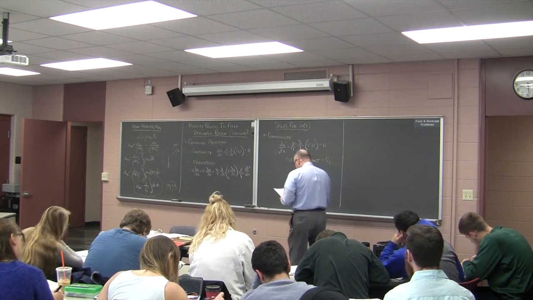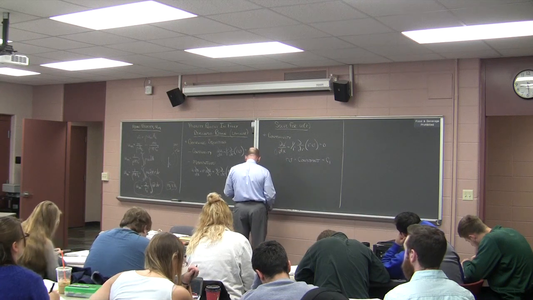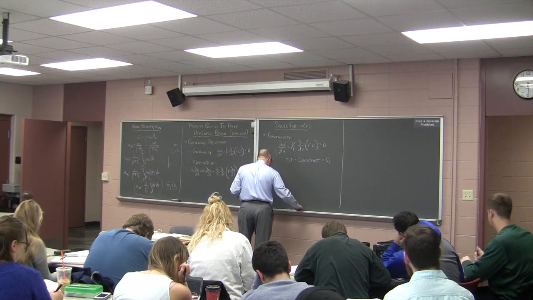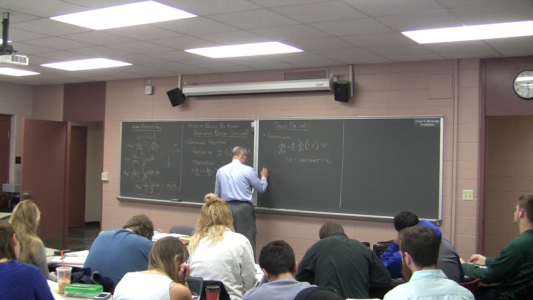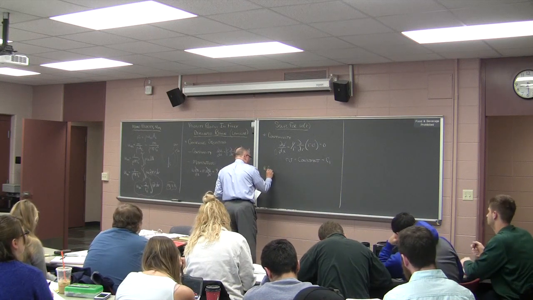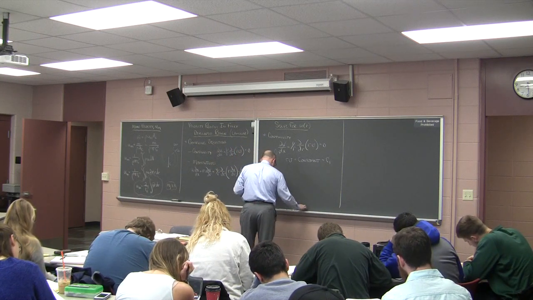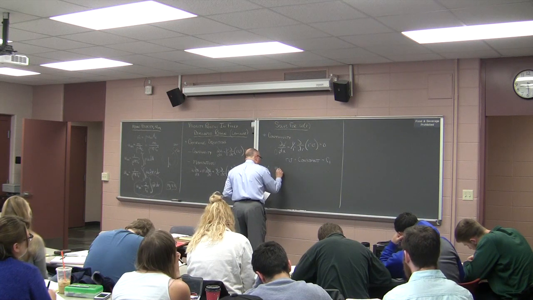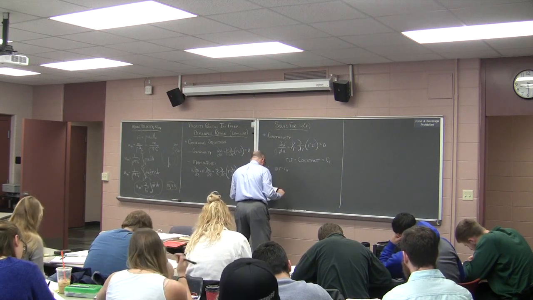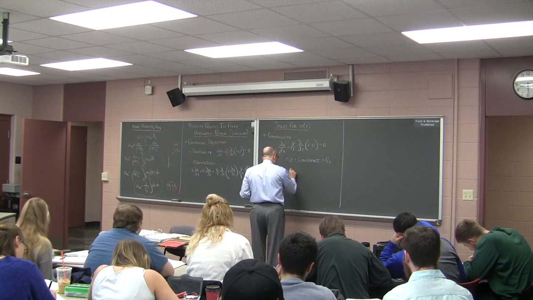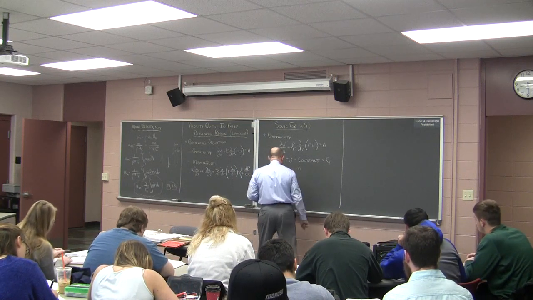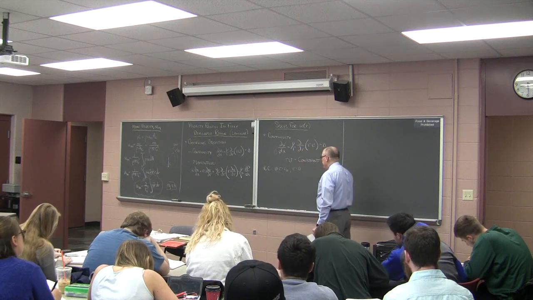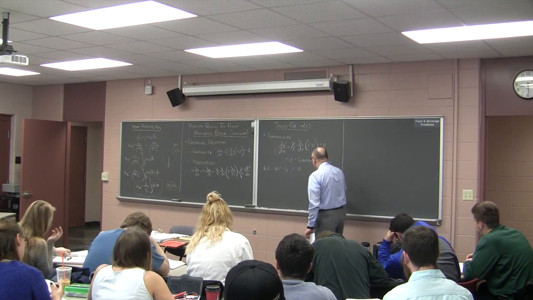We're going to show that it's equal to 0. Okay? And then we have one boundary condition. The boundary condition is that at r equal to r sub 0, we know that v is equal to 0.